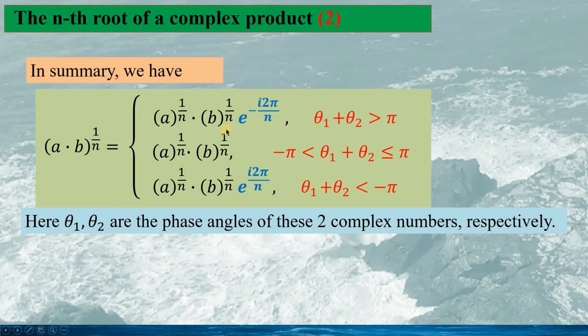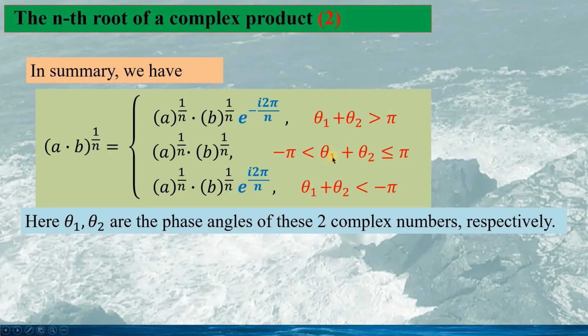So if we put this together, we should have the expression for the nth root of the product of two complex numbers A and B. It would be given in three different situations. When theta 1 plus theta 2 is larger than pi, it is given as this.